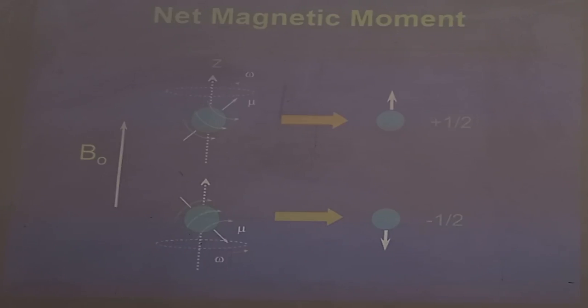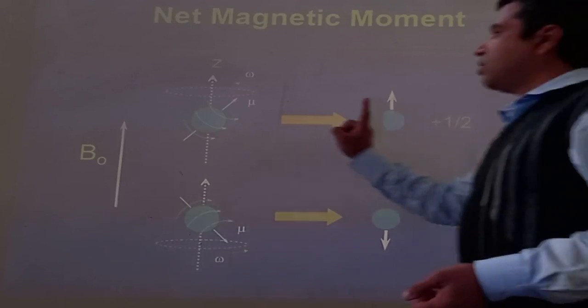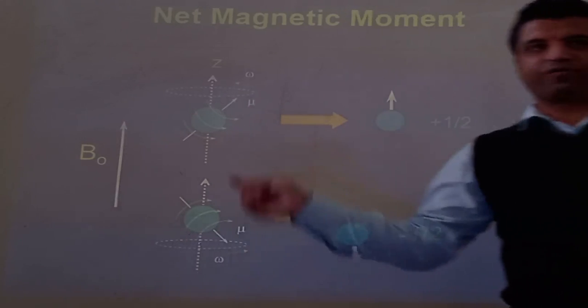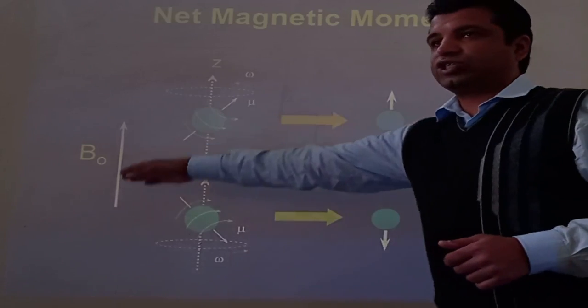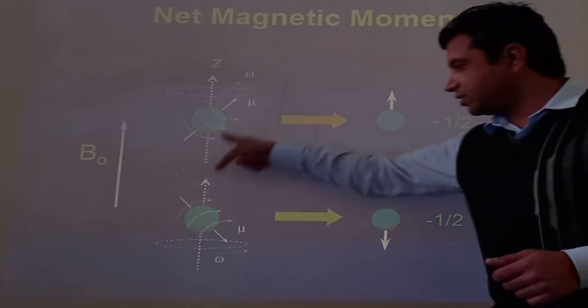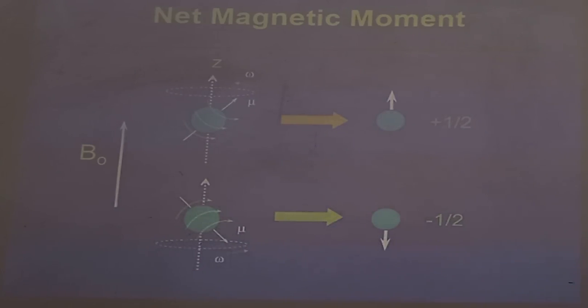And then we saw that these nuclei, because they are precessing with a particular frequency which we call the Larmor frequency, some of them are aligned along the direction of B naught, that is in the plus half state, others are aligned against the direction of B naught, that is in the minus half state. But you do not have one nucleus in your sample. You have lots of nuclei, right?